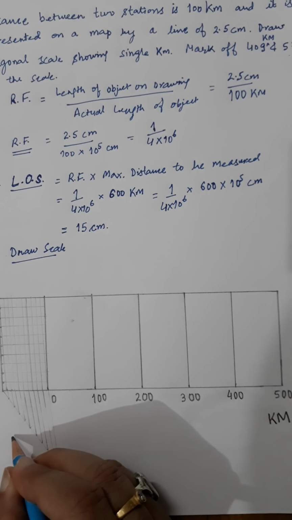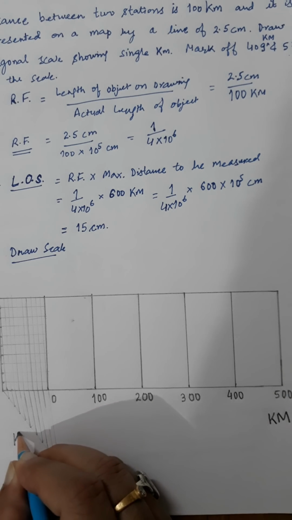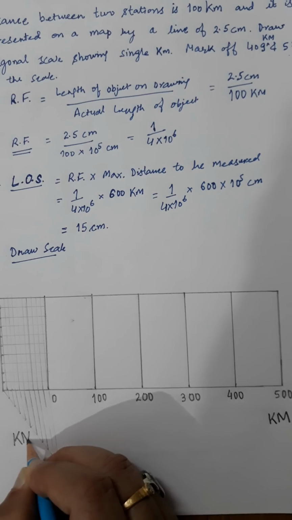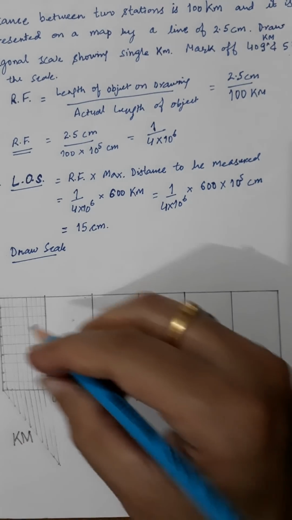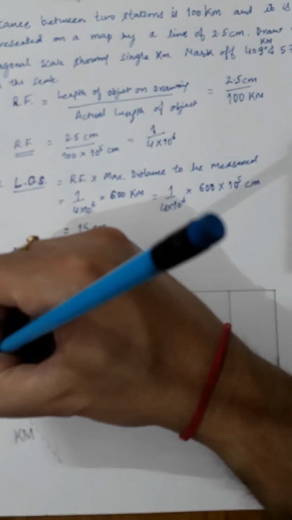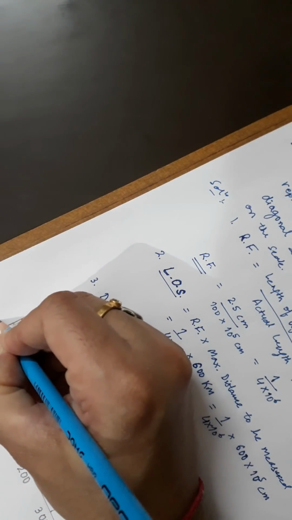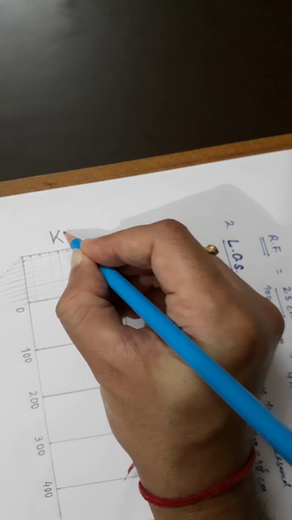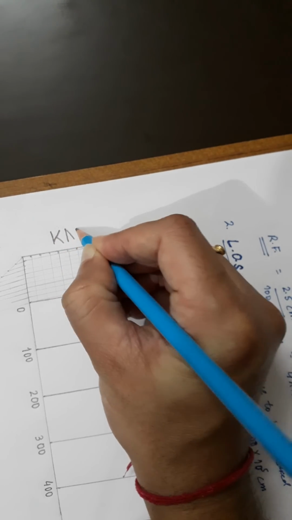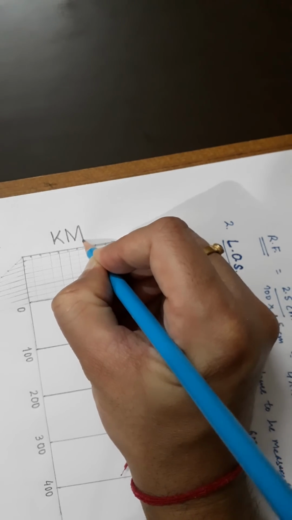This is 10 kilometers. Each division is 10 kilometers. Okay, then this is also kilometers. This is single kilometer.